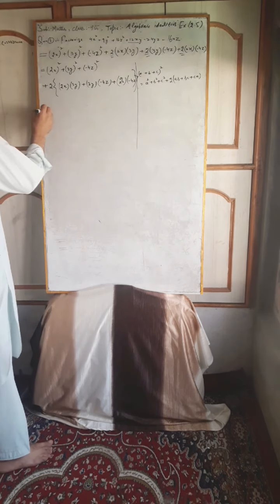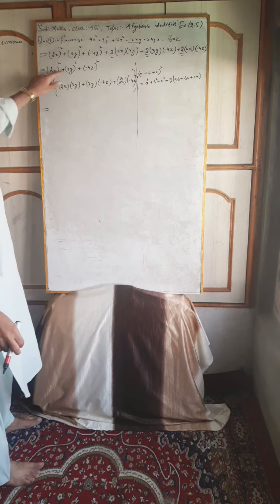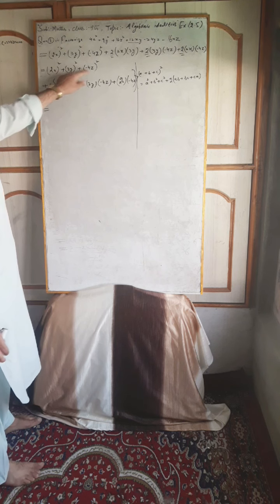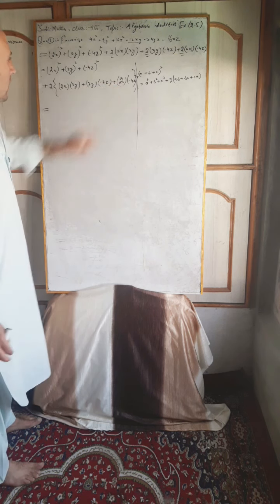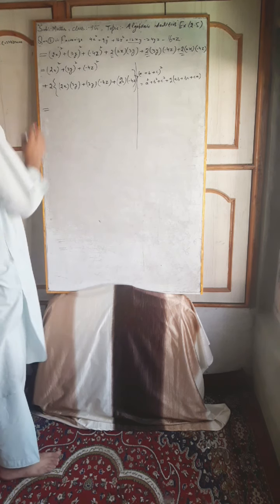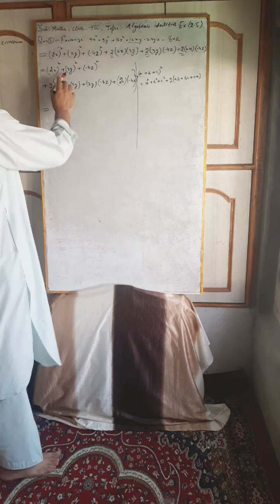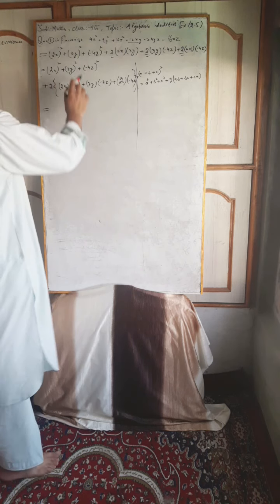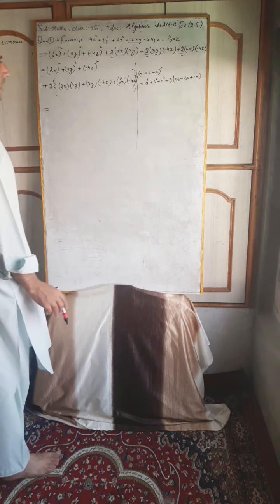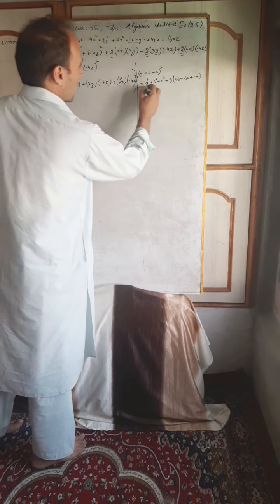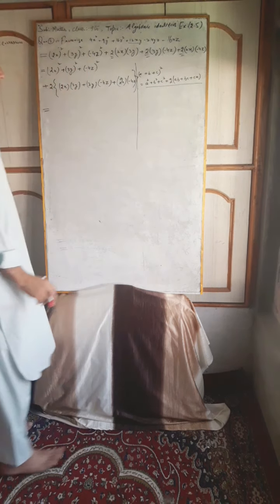So obviously it is a square plus b square plus c square plus 2 into ab plus bc plus ca. In place of a we are having 2x, in place of b we are having 3y, and in place of c we are having minus 4z. So we have got the right hand side of this identity.